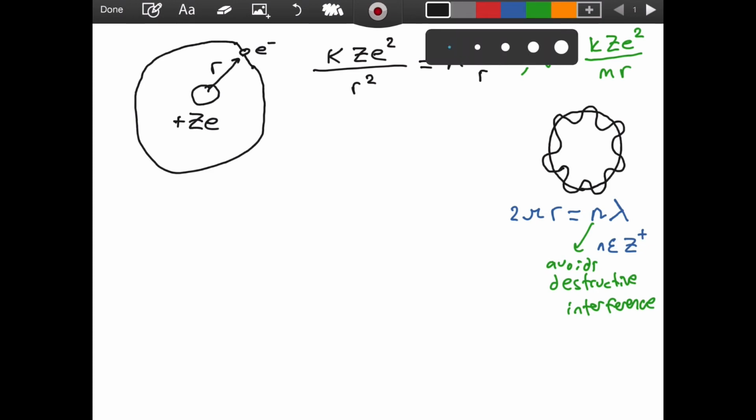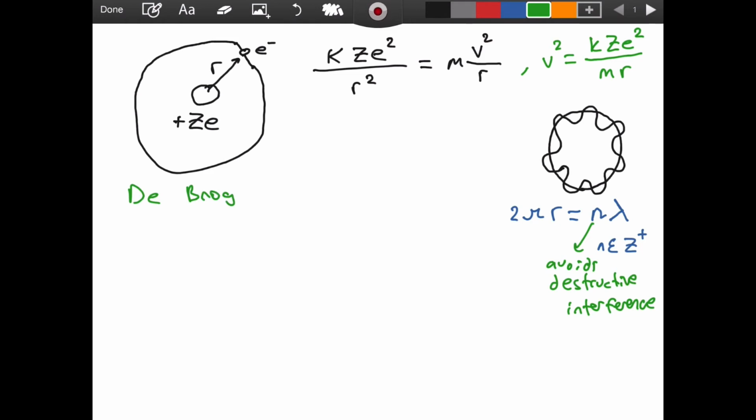So we got this, and now we will use something that is called de Broglie's hypothesis. So what does de Broglie tell us, who is a physicist? De Broglie tells us lambda, the wavelength, can be represented as h divided by p.